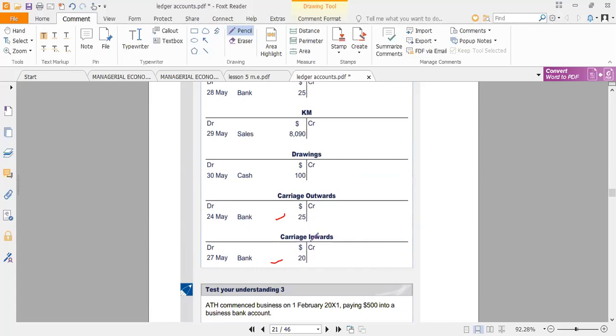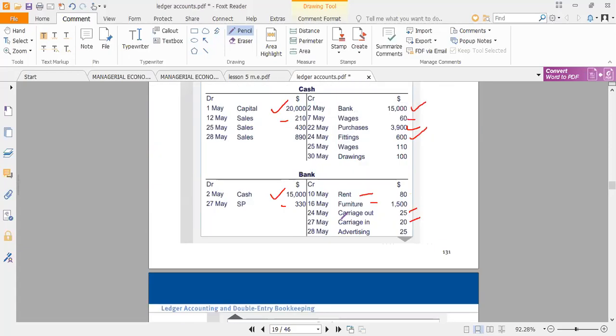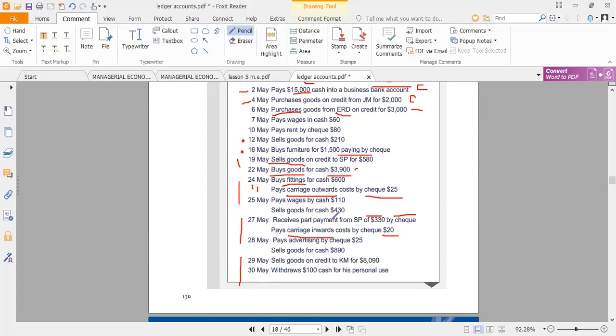Of course, carriage inwards is an expense that is usually attached to purchases. Whenever we're buying goods and we've used our own transport money to bring them inside the business, we would add it to the purchases. I'll explain that when we do the income statement.